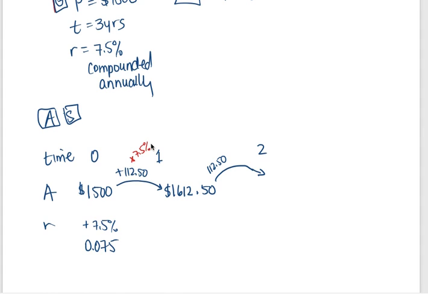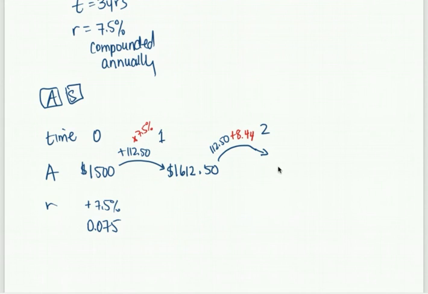So if we do that, $112.50, if I multiply by 0.075, I'm going to get 8.44. Okay, so when you add those up, you end up with $1,733.44.